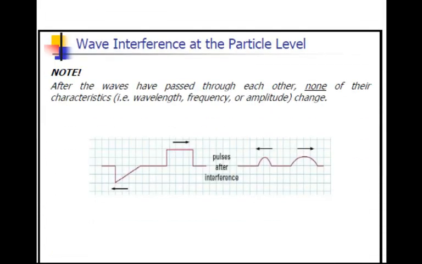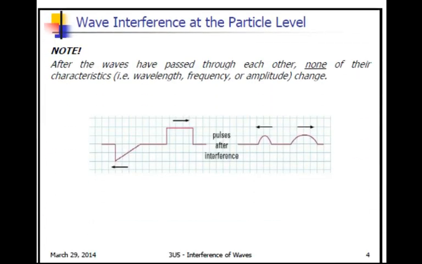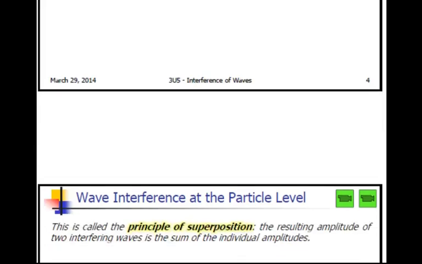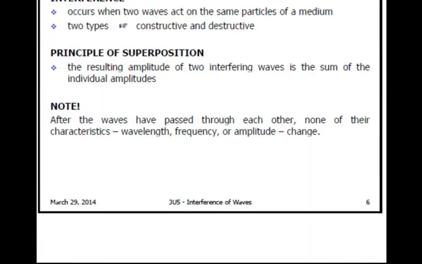Then later the waves move on after the pulses. They just continue along their way, and they've passed through each other. Nothing has changed about the waves after they pass through each other. Their wavelength, their frequency, and their amplitude all stay the same. So this is the concept of superposition.